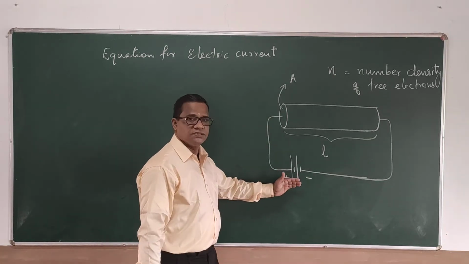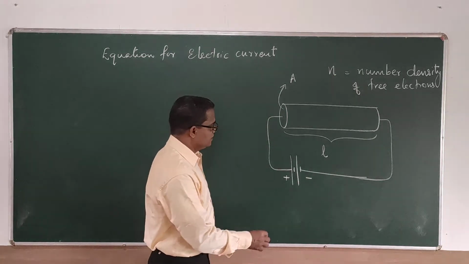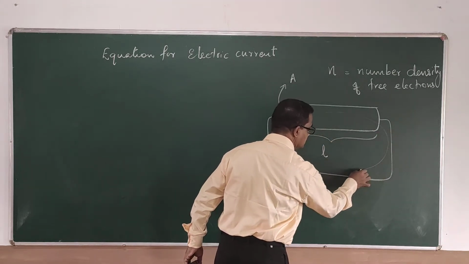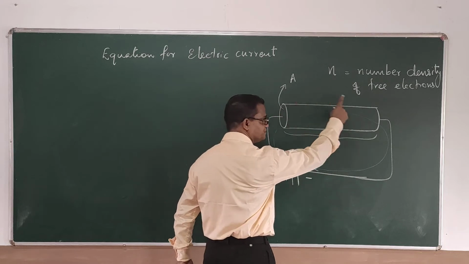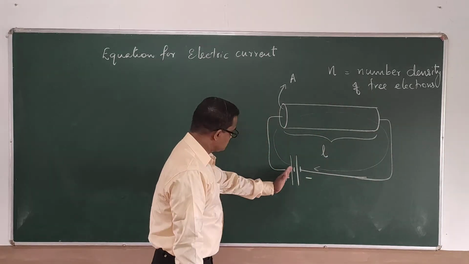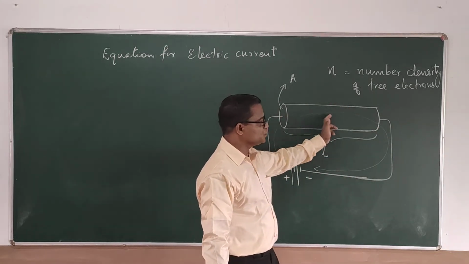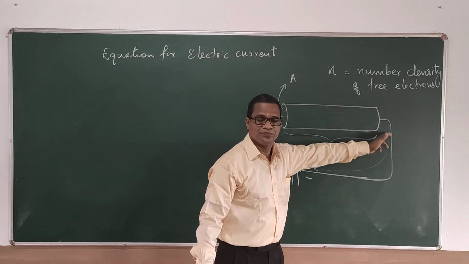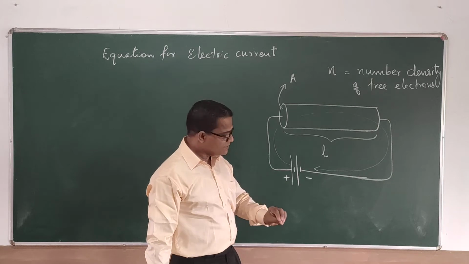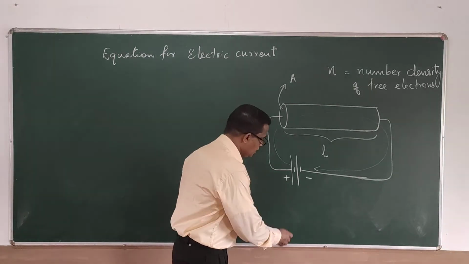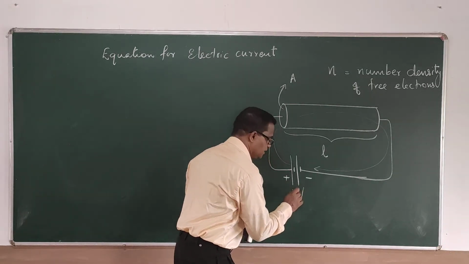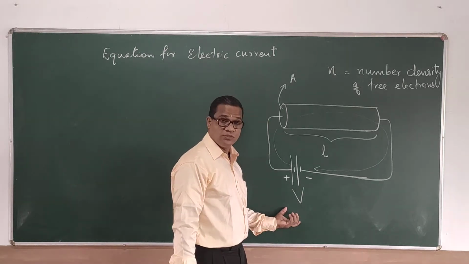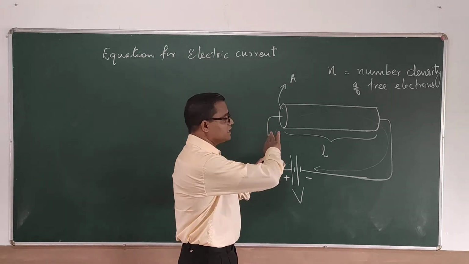Just after connecting this, you can find that there is a current flowing through the conductor in this direction, from the positive terminal of the battery through the conductor to the negative terminal. Now, just after connecting a source here, a battery of potential difference V volt, an electric current is set up in this one.